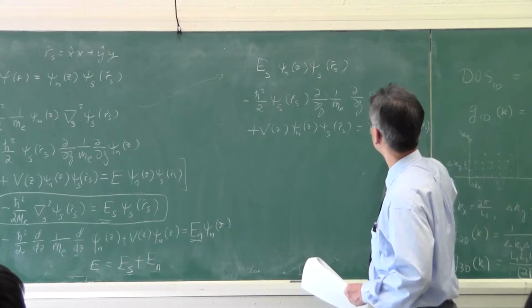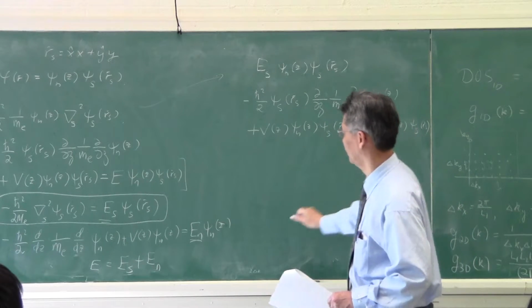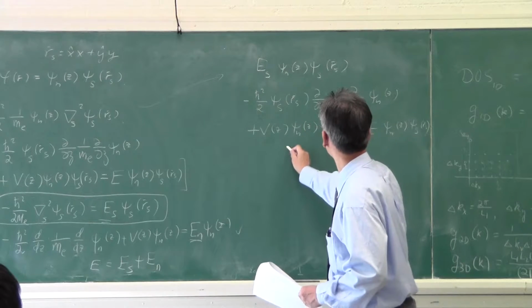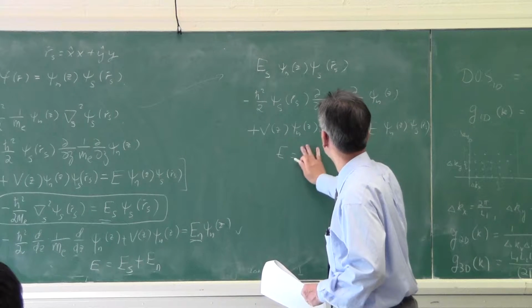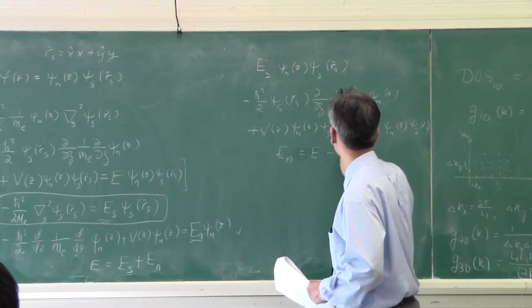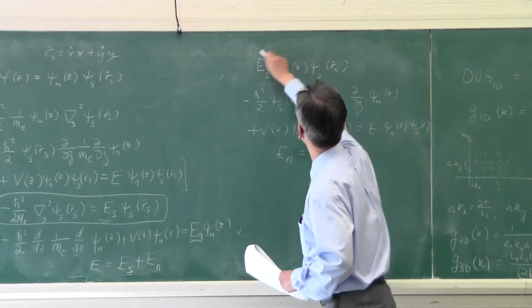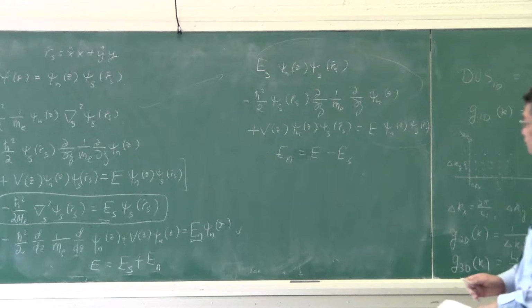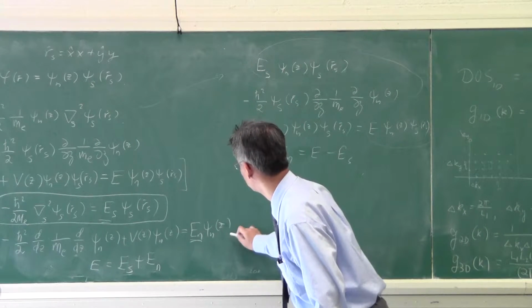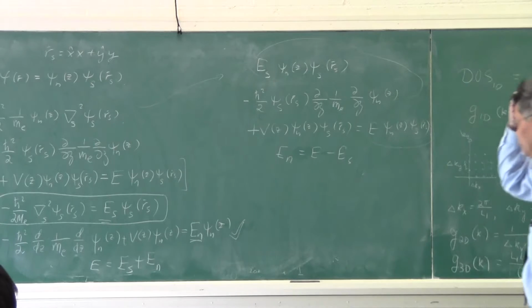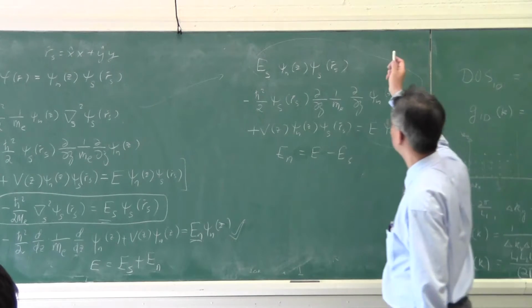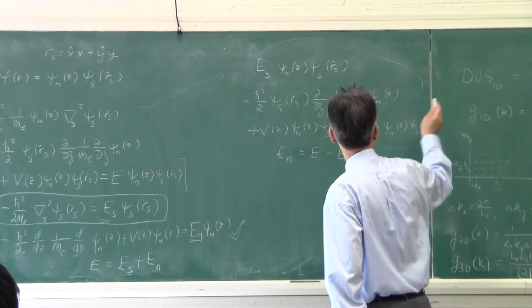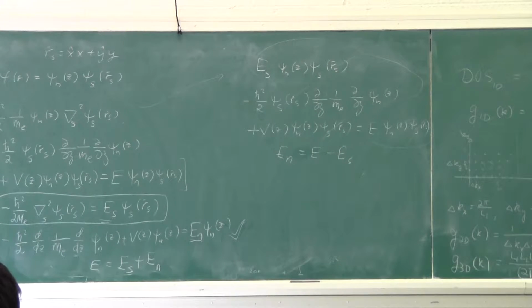Now if I take this to the right hand side, I get the last equation. If I define E n to be E minus E s, I take this E to the right hand side, lump it together, and I get this equation. I will cancel this away because they're useless, so I get the last equation for that reason.